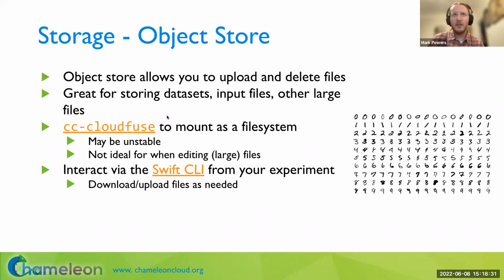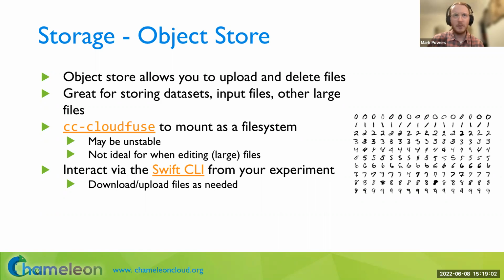It's really great if you're storing a data set or input files, or just in general, any large amount of data. Back to that machine learning example, maybe you have some data set of a bunch of images. You could upload each one to the object store, and then once you need it, you can download it. There are a few ways to interact with the object store. The first is CC Cloud Fuse.